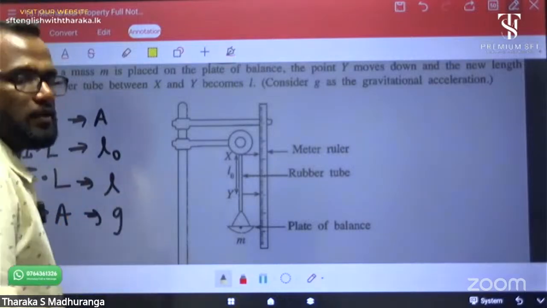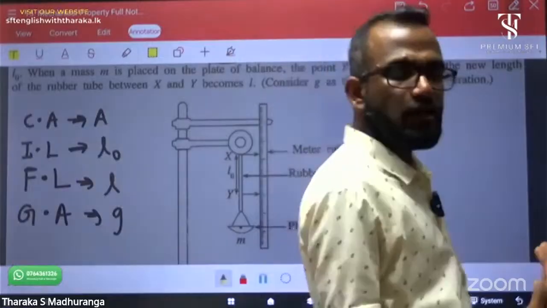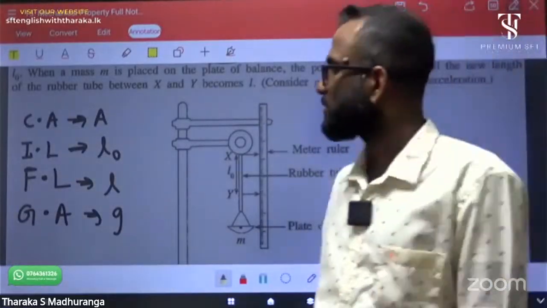Those are the data given in the question.